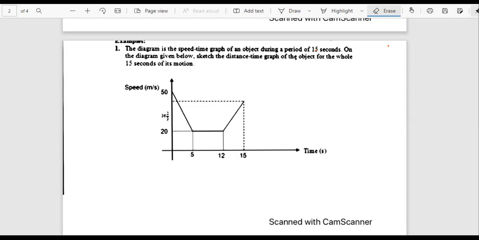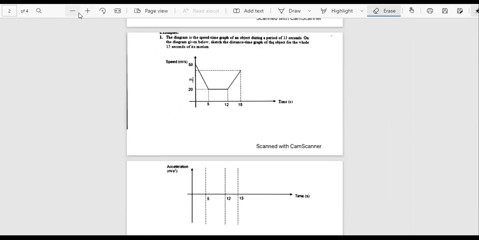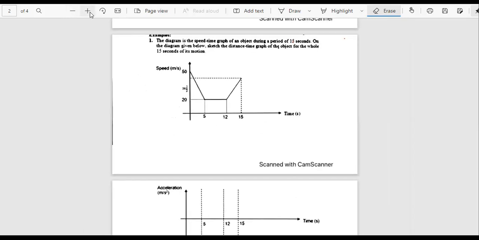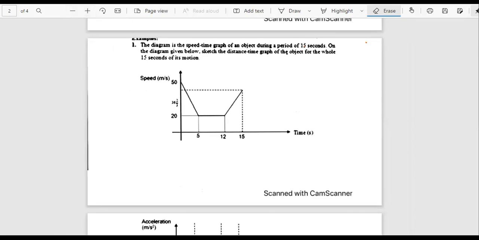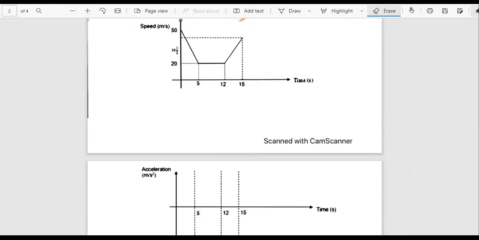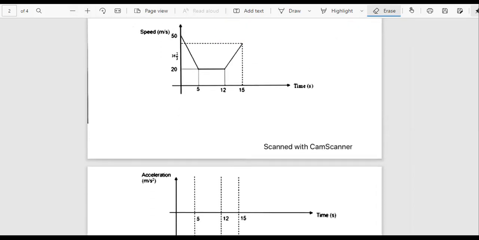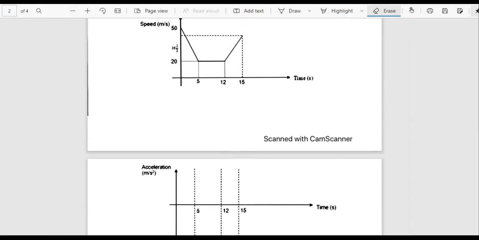Yes, Abdullah, are you able to do it? Yes. Okay, that's really good. I'll zoom out just so when I make the two graphs, we are able to see them. So between 0 and 5, it would be a straight line underneath 0.